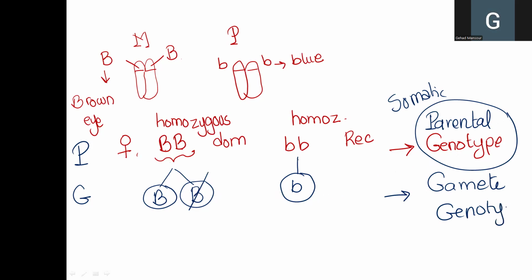So all their offspring will be B capital, B small. There is no other possibility.